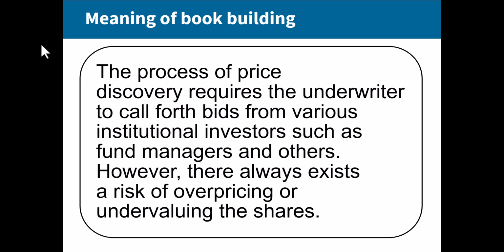Of course, it doesn't guarantee the price would be the right price. It can still be overpriced, like in the case of Paytm, when they came up with an issue through a book building process, but then the share prices tanked thereafter. So it doesn't mean this would be the fair price of an issue.